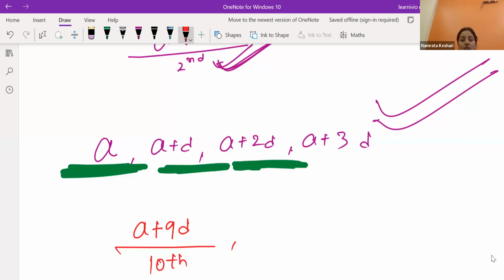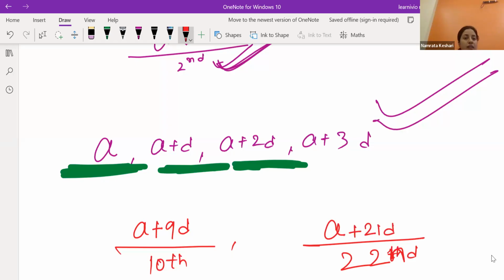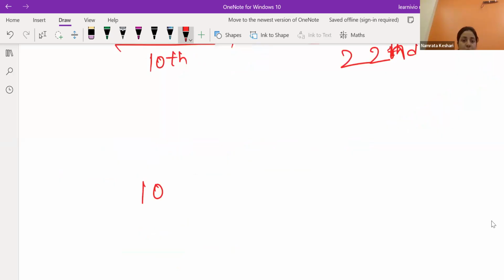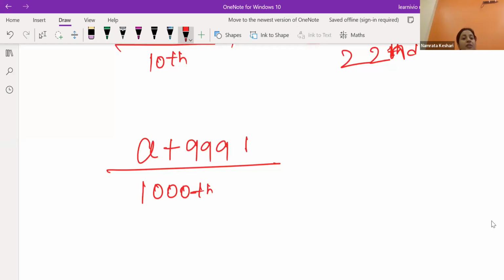If I ask about the 22nd term, according to the placement one less D will be there: 22 minus 1 is 21, so 21D will be there. Getting it? Yes, ma'am. If I ask about the 1000th place, there will be one less D, that means A plus 1000 minus 1, 999D will be there, right?